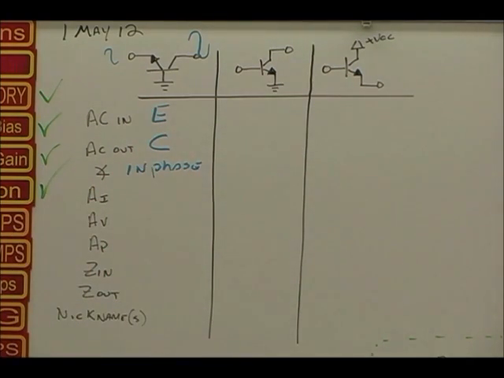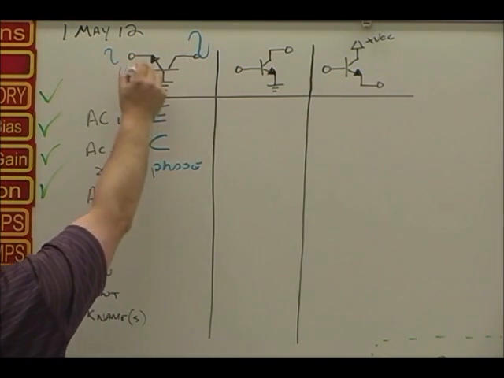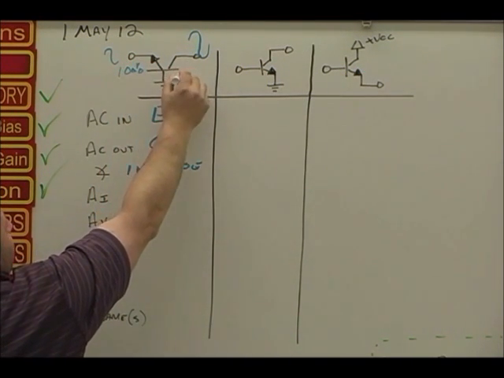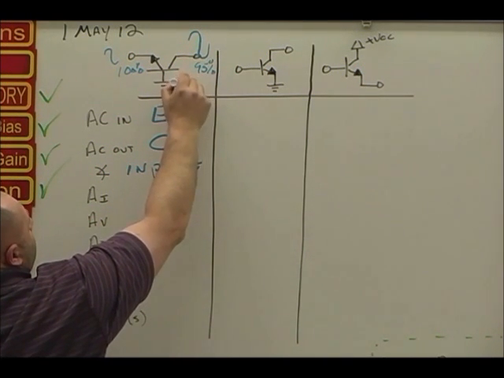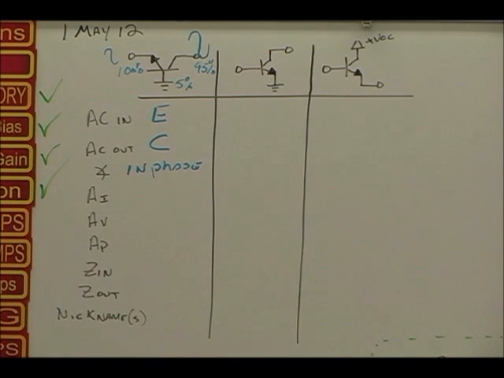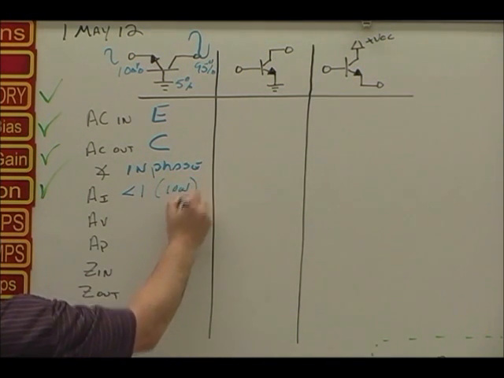So the current gain is low, but how do we know? Remember the percentages: 100% emitter, 95% collector, and about 5% of the base. So current gain, if we're taking our output at the collector, well, 95 is less than 100%, so the current gain must be low. Make sense? Or less than 1. Don't forget, less than 1, low, it's the same stuff.